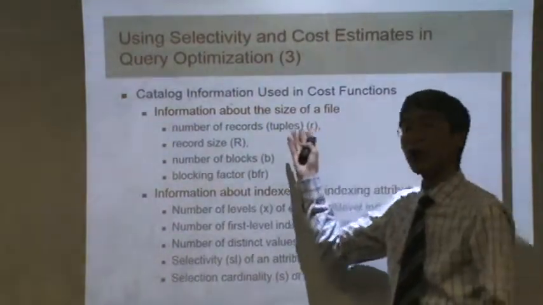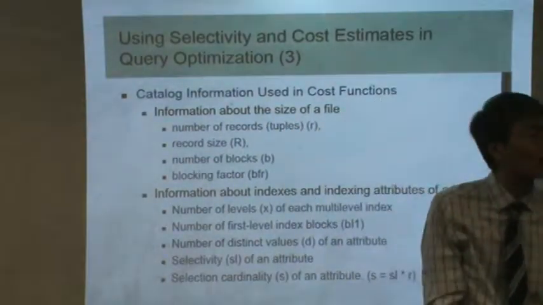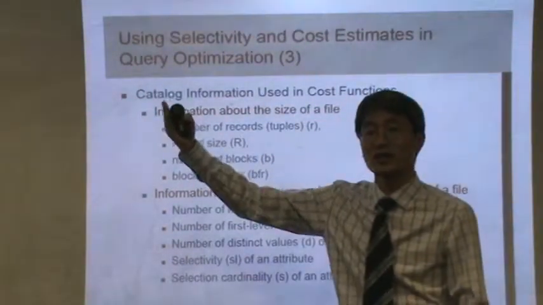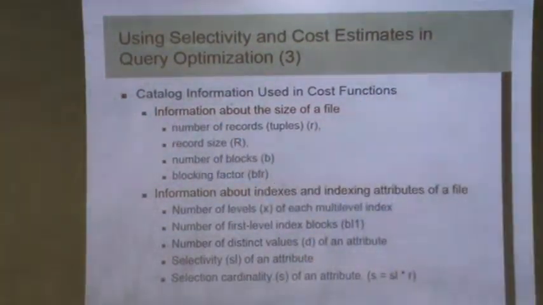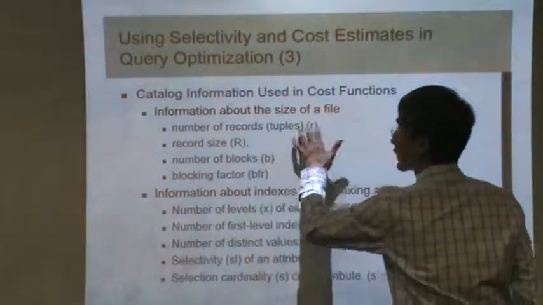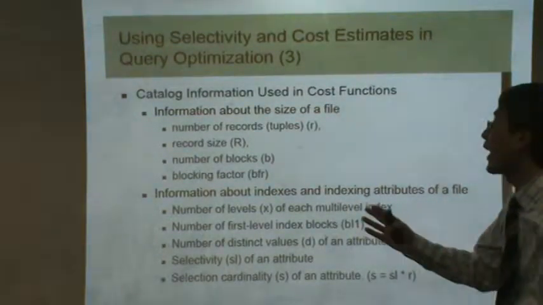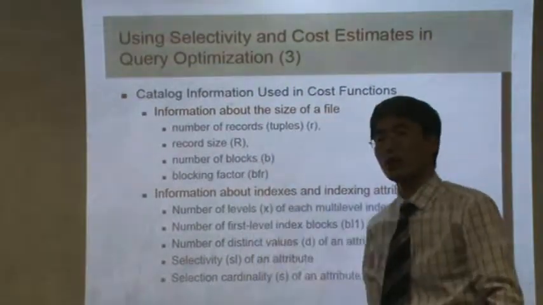So we can access only 1% of the data, then estimate using statistics. So finally we can get such data, the number of records, record size, and number of blocks, how many blocks are needed to access employee tables. Employee tables are stored in how many blocks?